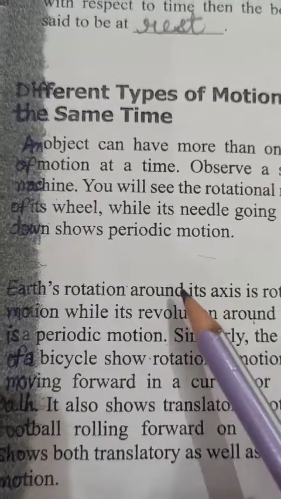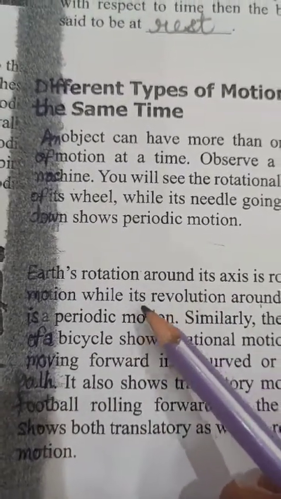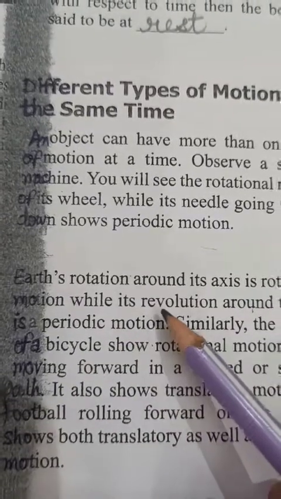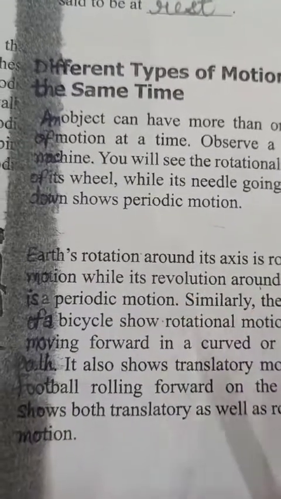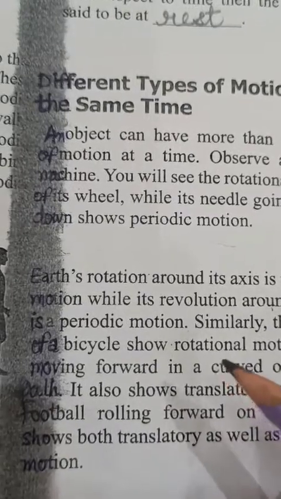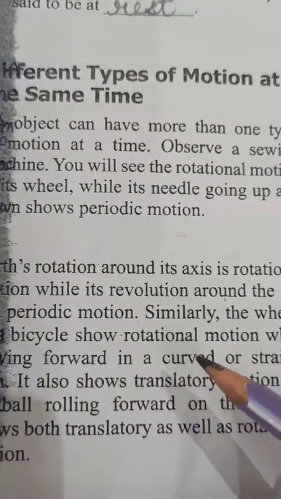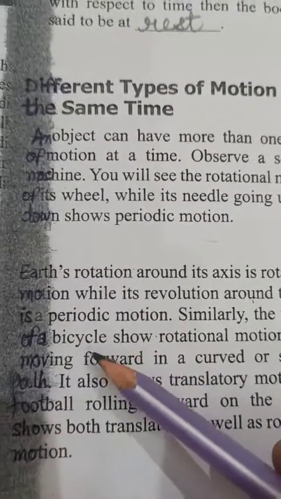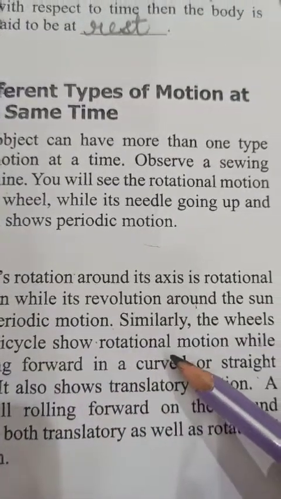So here also in the earth we can see two kinds of motion in a single object. After that example, they have given the example of a bicycle.